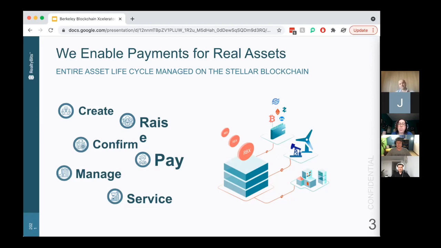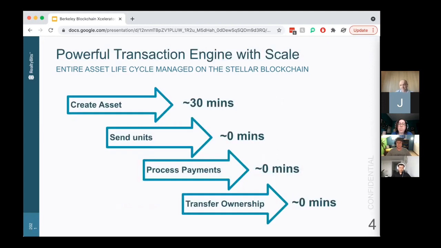And on the Stellar network, we built this app where it makes it very easy for the asset manager to service the investors. Distributions are instant. When I provide my capital towards my participation in the offering, that's also instant. So efficiency and speed is what attracts us the most, and is the reason why we built this on the Stellar network.